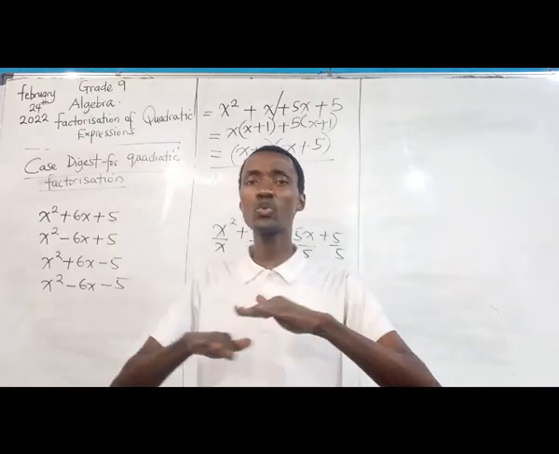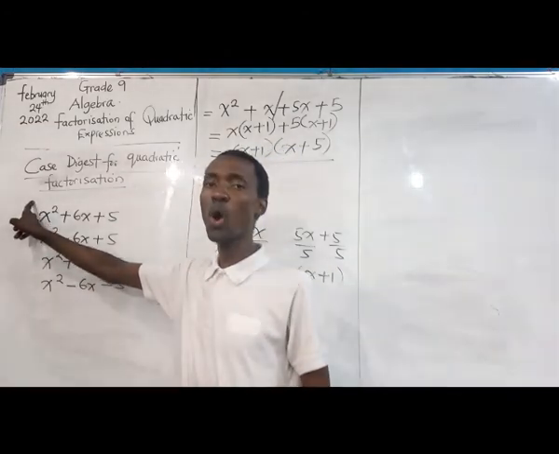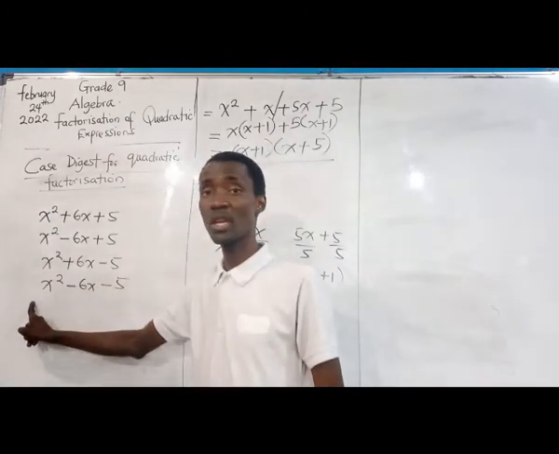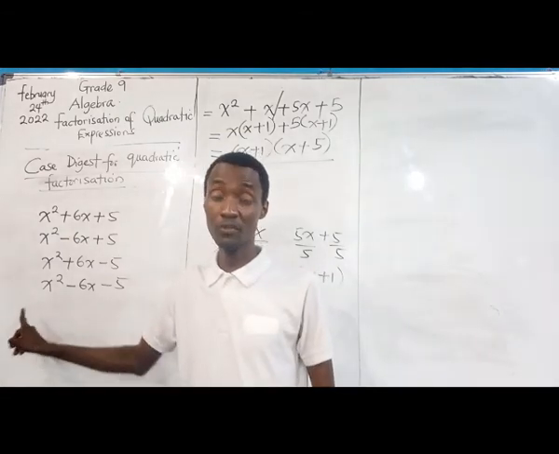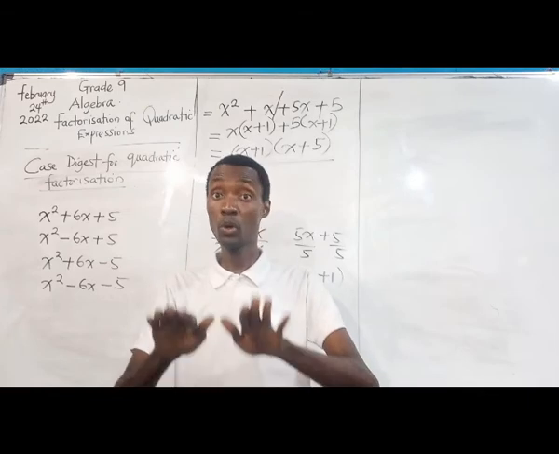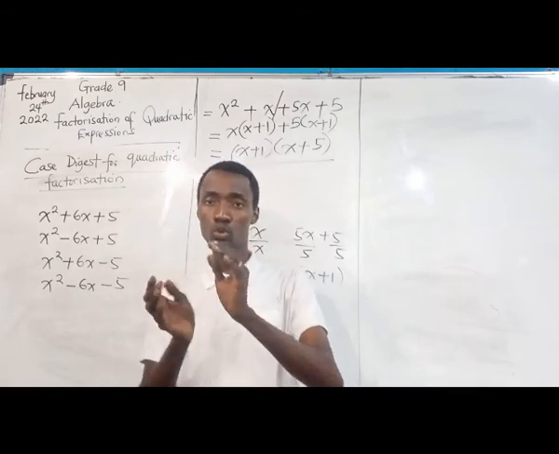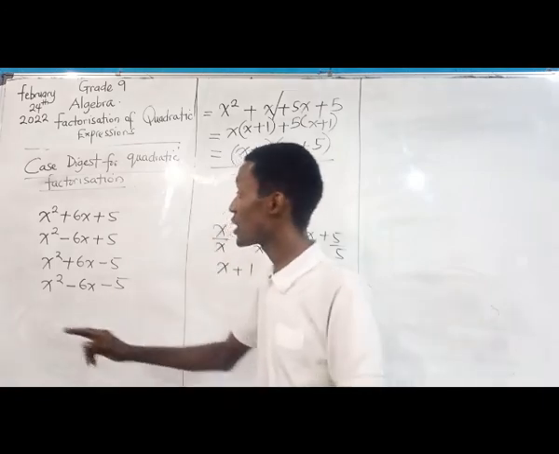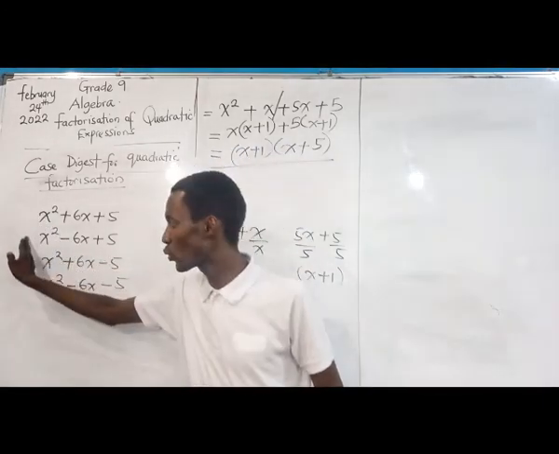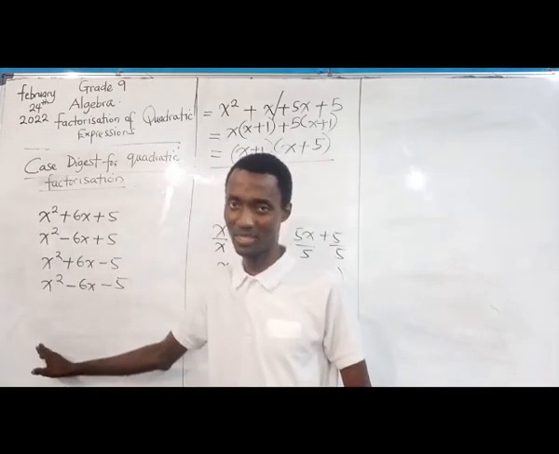Notice that in all the scenarios we have treated, we work with the assumption that the first term is always what? Positive. It's done deliberately because of your level. As you progress higher in this course, we will do a little tweaking to it. But for now, the 4-case scenario we will treat assumes that all the first terms are positive.